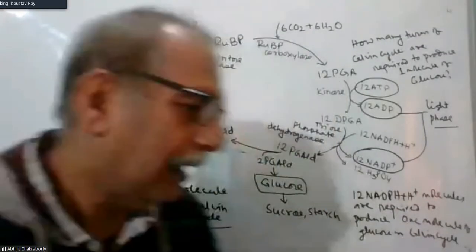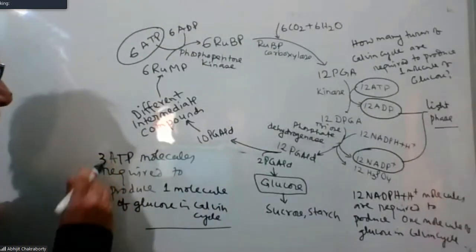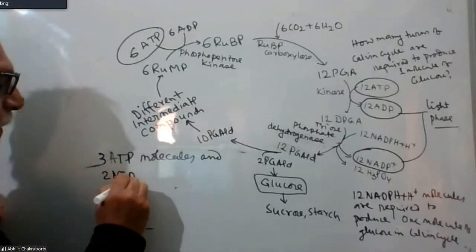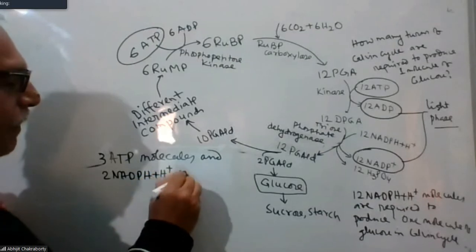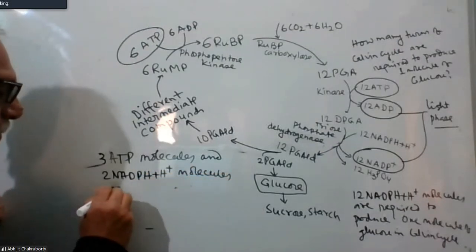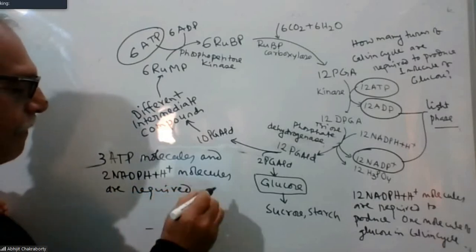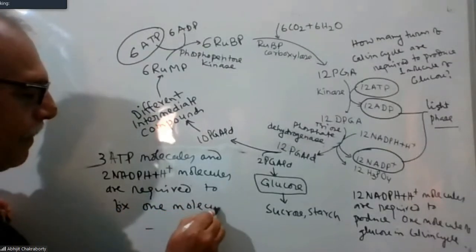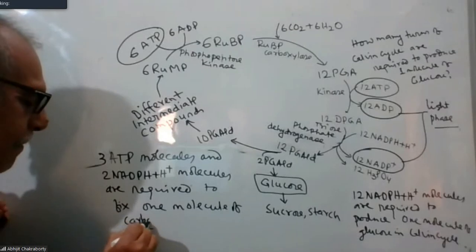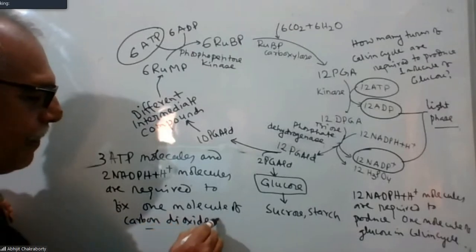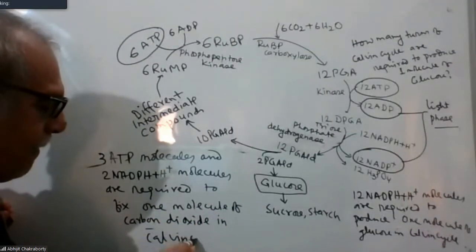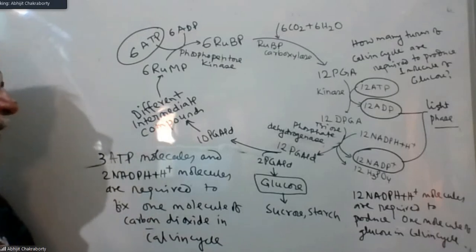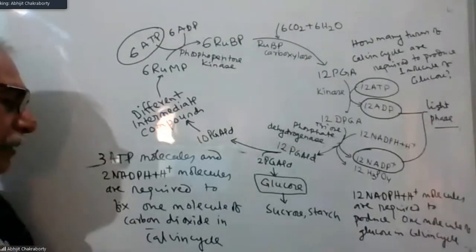The answer is 3 ATP and 2 NADPH. 3 ATP molecules and 2 NADPH molecules are required to fix 1 molecule of carbon dioxide in Calvin cycle.